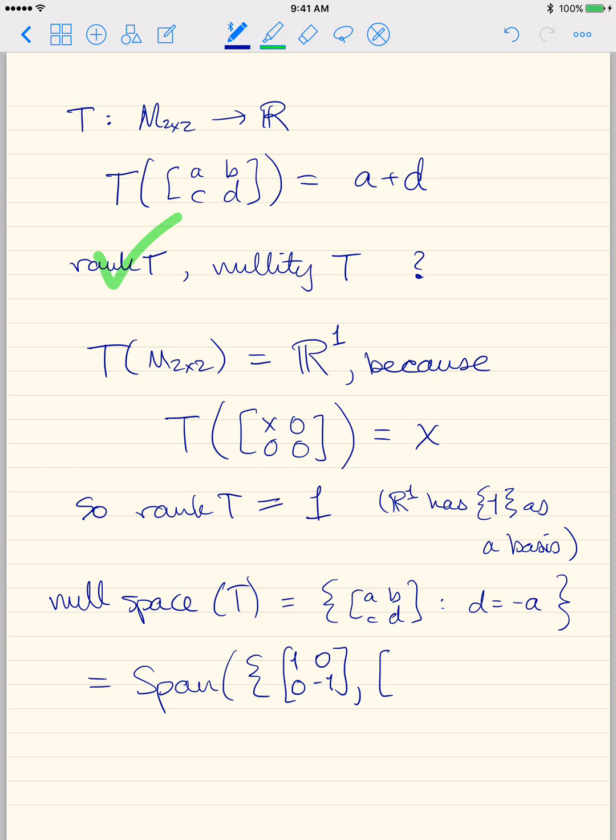Okay, that'll give us the sort of diagonal piece. But the span of the list containing only that one matrix will never give you non-zero stuff on the off-diagonal, whereas in reality we can have whatever we want in those two off-diagonal spots. So what are some more matrices we should throw in there?